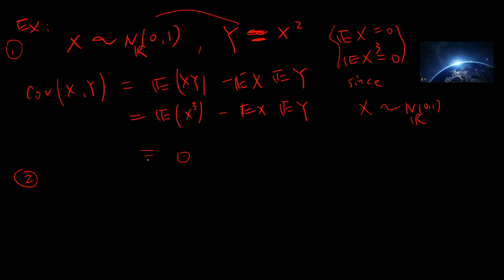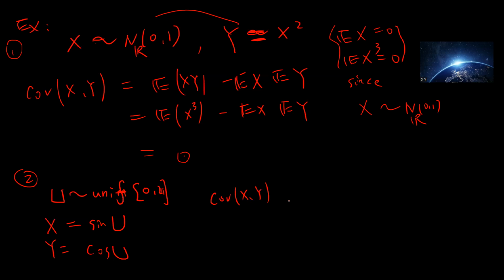Another very interesting example: you can take U to be uniformly distributed from 0 to 2 pi, and you choose X to be sine U and Y to be cosine U. You can check that X and Y are dependent, but let's compute the covariance.